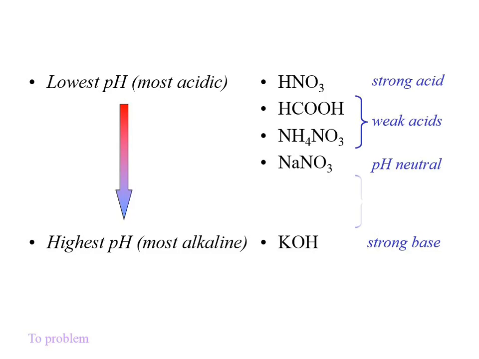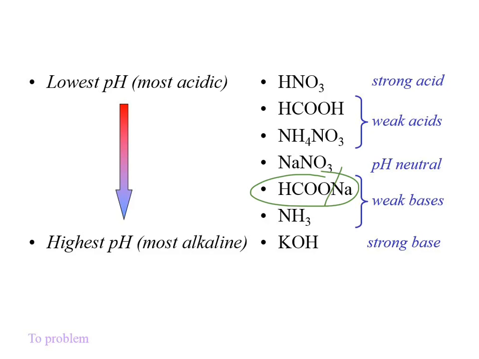Then we have a pair of weak bases. The pair of weak bases, actually, the one that's closest to neutral would be the conjugate base of the weak acid. So, let's see, this one right here. Sodium, again, is a spectator ion. The thing that's making your solution basic is the formate ion. That, we said, is a weak base.